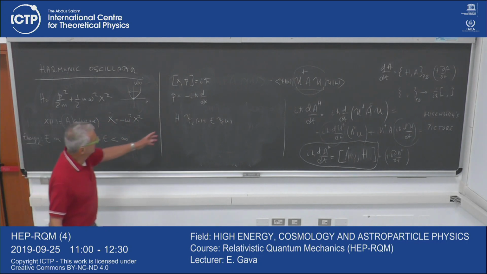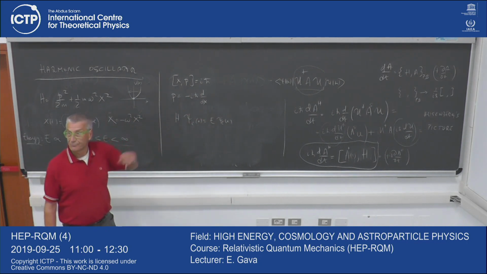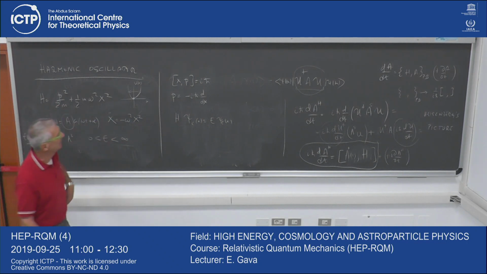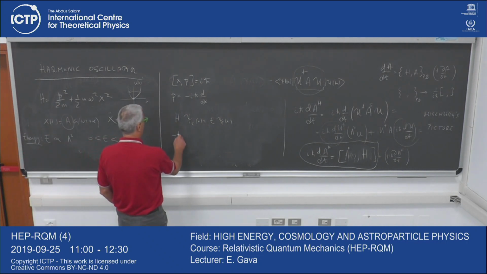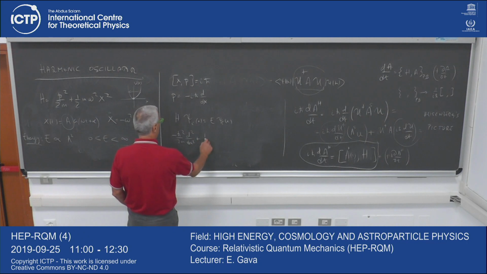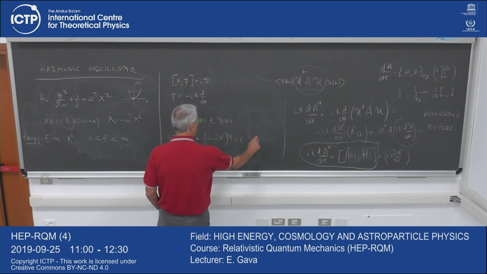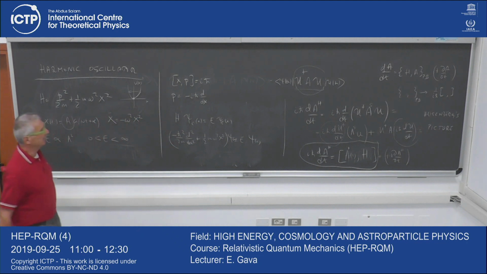Well, now this is a differential equation, second order because of this, right? So this is minus h bar squared over 2m d squared over dx squared plus the potential applied to psi. This is the thing that one has to solve now.